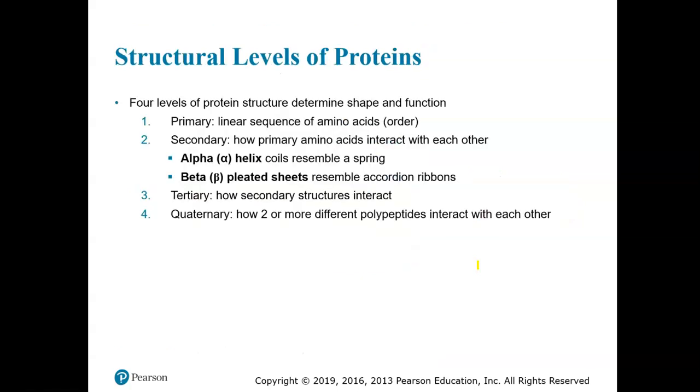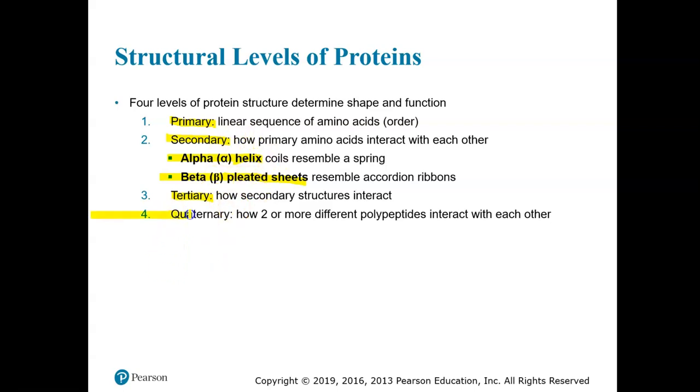So for the levels of structure, we have the primary level of structure, which is just the sequence of amino acids. The secondary level is going to be a helix or a pleated sheet. Tertiary is the 3-dimensional structure of the helix or pleated sheet, or it can be a combination of both.